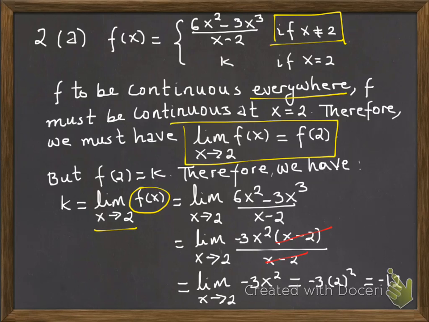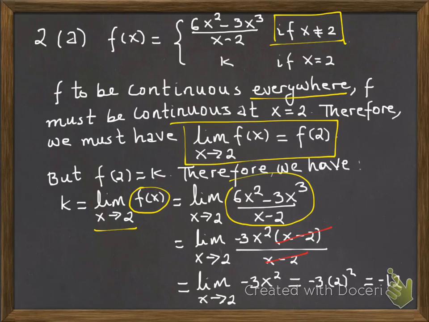So therefore, we replace f of x by this expression. Then we factor negative 3x squared from the top with the goal to eliminate x minus 2, because we cannot plug in x equal to 2 at this point. It causes division by 0.